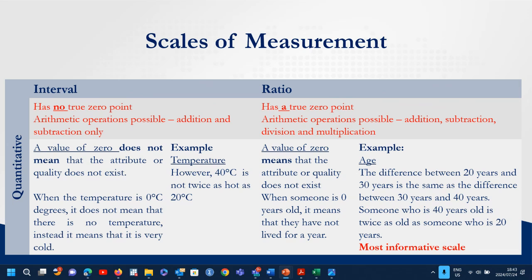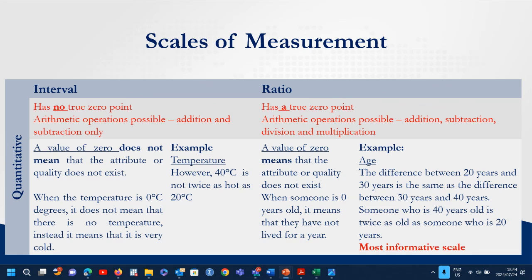With interval, 0 doesn't mean that the attribute is not there. So 0 degrees Celsius doesn't mean that there is no temperature. 0 degrees Celsius means there is temperature. On the other hand, with ratio, when it's 0, if we ask how many people are attending and we get 0, it means there is no one attending.